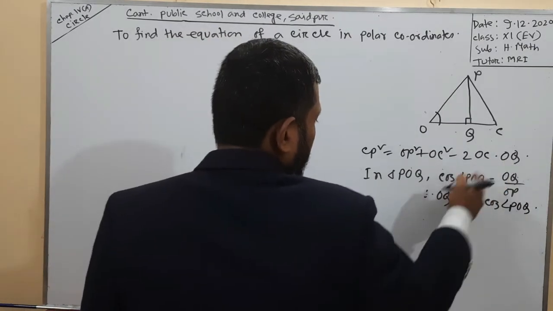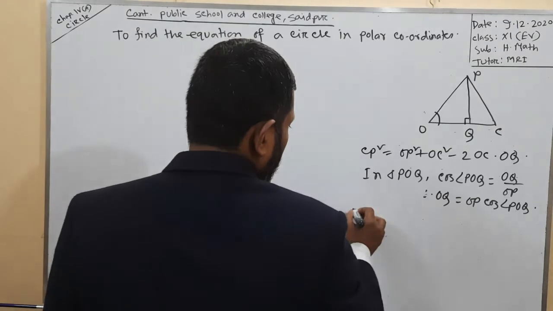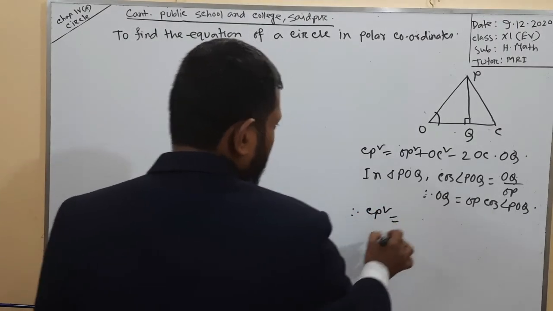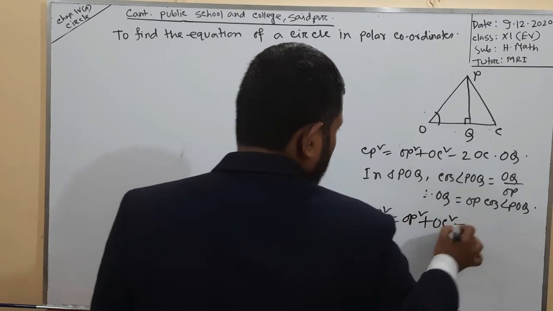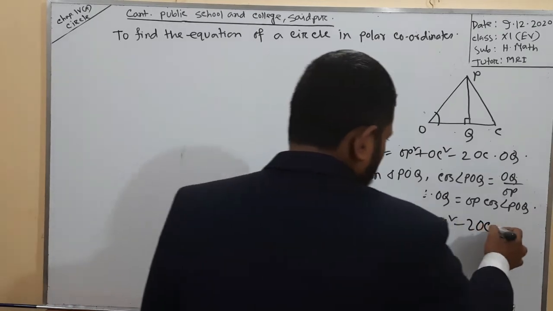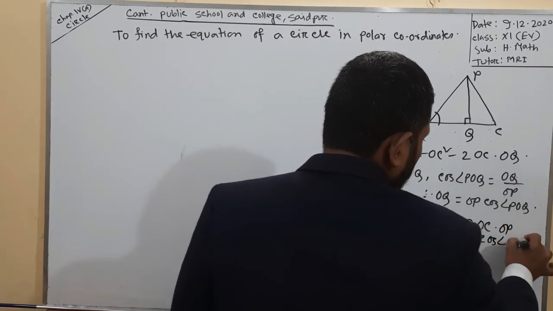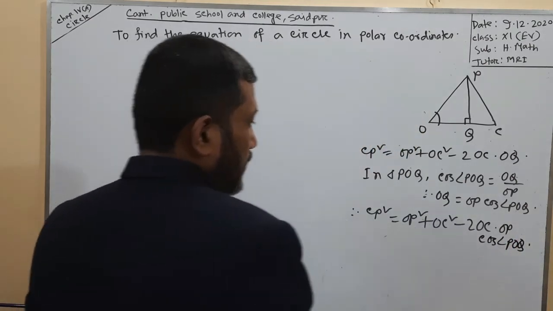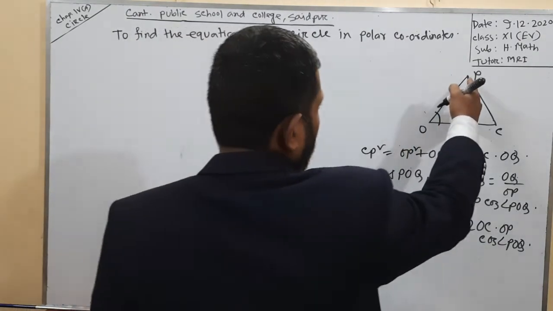Here the value of OQ is OP cos POQ, therefore CP square is equal to OP square plus OC square minus 2 OC OP cos POQ. Here POQ we can write POC.